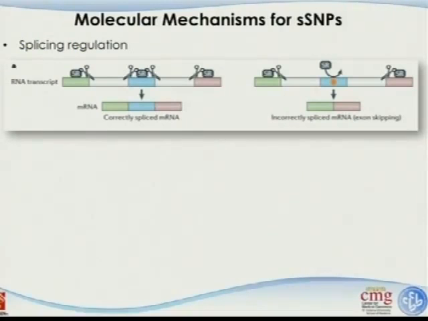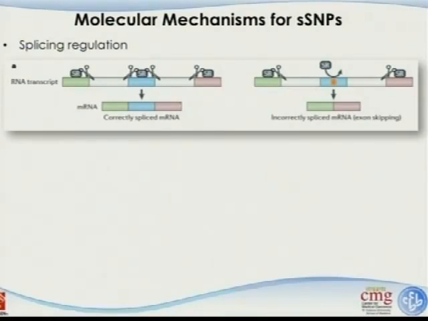If one exon is not included in the final product, this causes major differences. Splicing is regulated by a lot of RNA binding proteins, and one of them is the so-called SR protein.